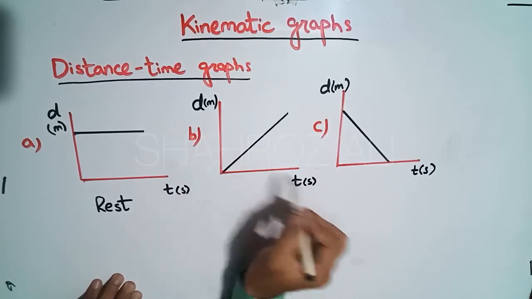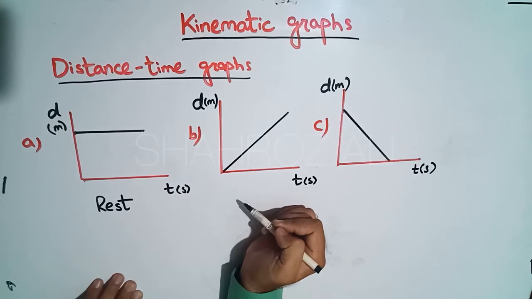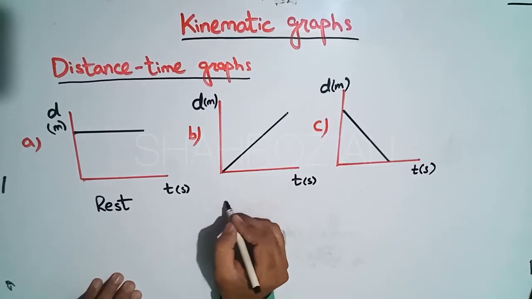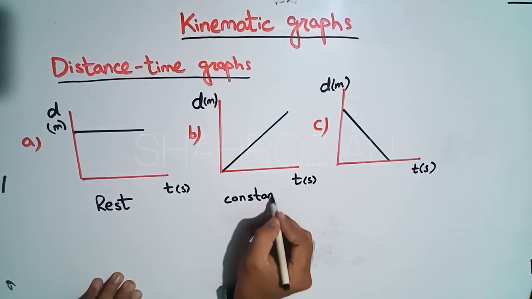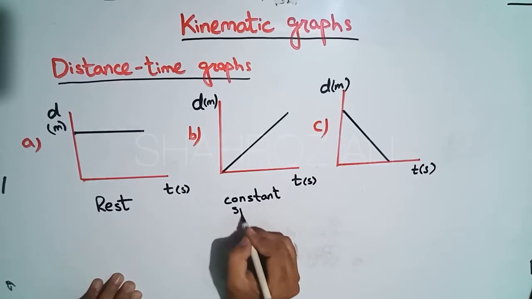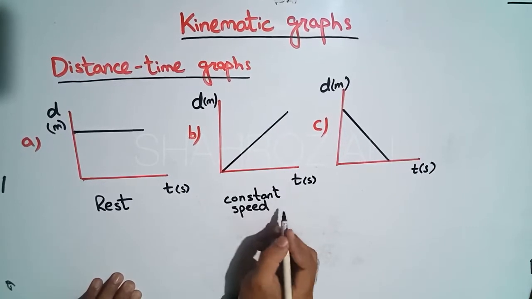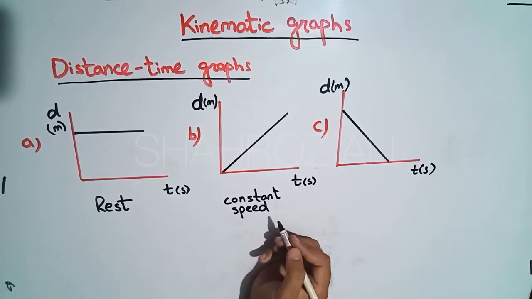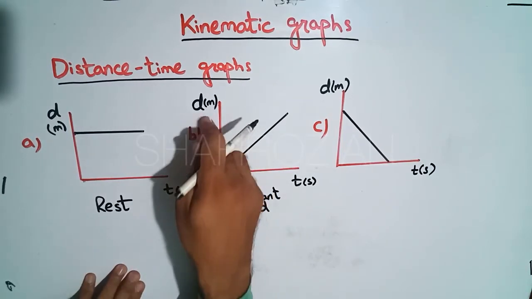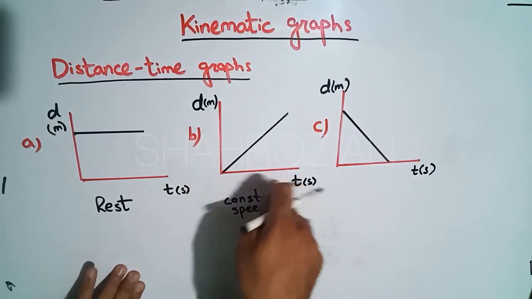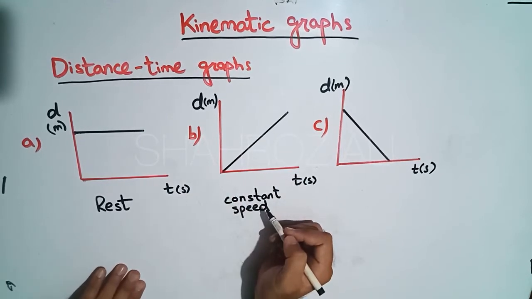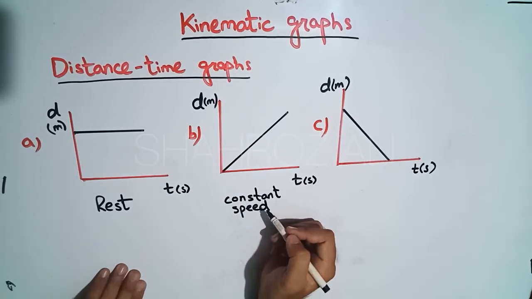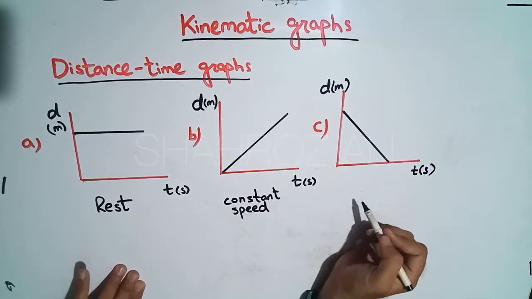If the distance time graph is providing us information about speed, then it is a constant speed, or you can say uniform speed. If equal distance is covered in equal intervals of time, then we can say it is uniform speed or constant speed. So let's move towards the third graph.